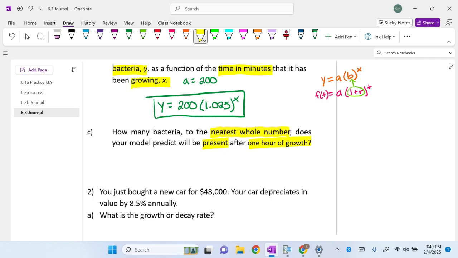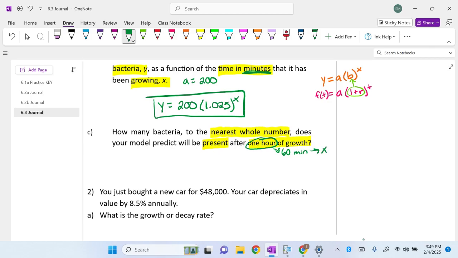Be very careful because it says 1 hour, but recall that our formula is in minutes. So we can't say 1 for X. We have to say 60 for X because there are 60 minutes in an hour. So that's our X value.